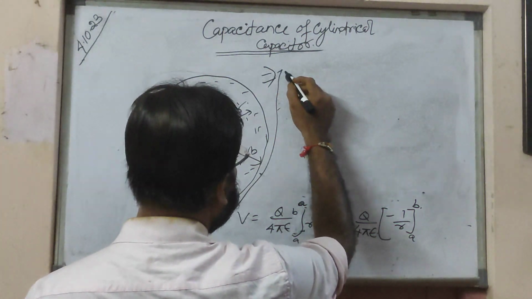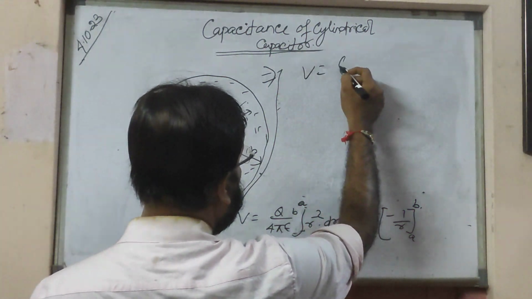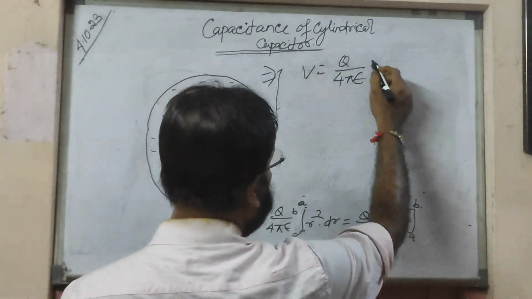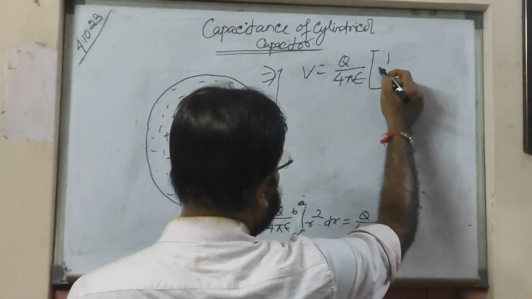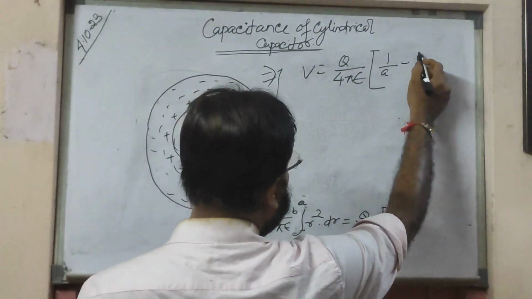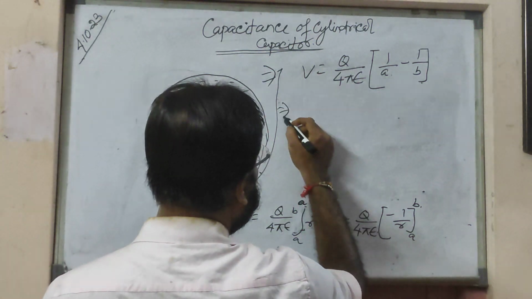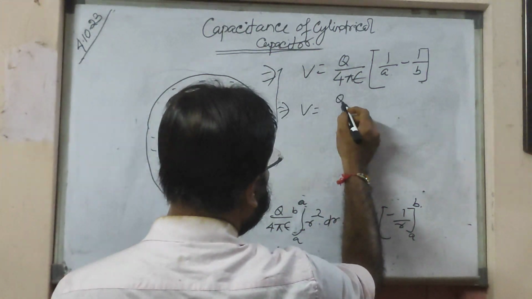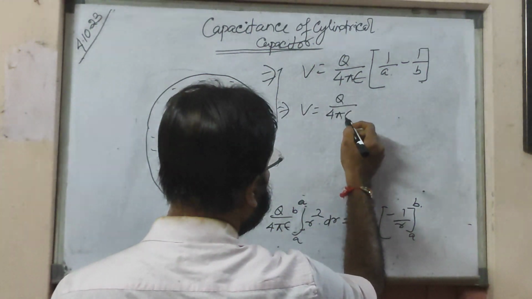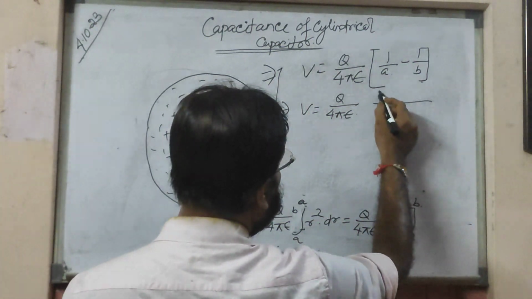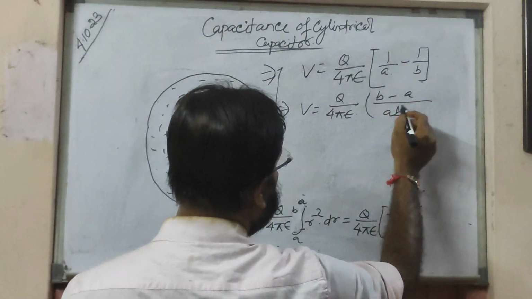So V is equal to Q by 4 pi epsilon. Now put the limit, it will be from A to B. So it will be 1 by A minus 1 by B. So now that gives you V is equal to Q by 4 pi epsilon. Now if we will take the LCM of this one, it will be AB and this will be B minus A.